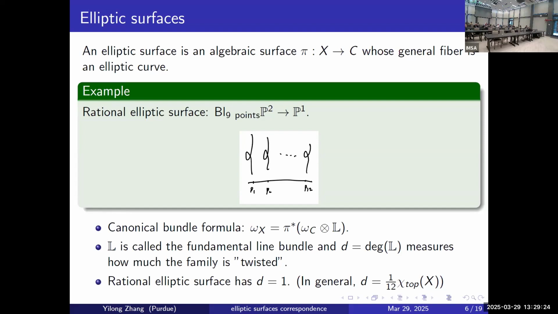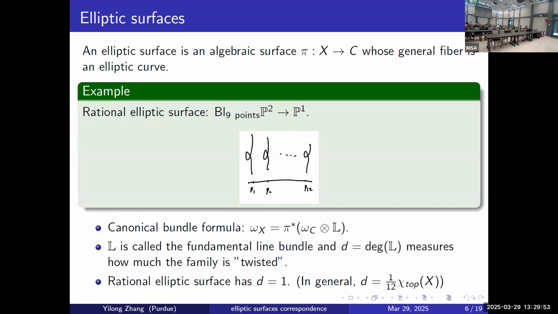X is a rational elliptic surface, and we can remove 12 fibers and compute its topological Euler characteristic, plus 12 times the Euler characteristic of this nodal fiber.